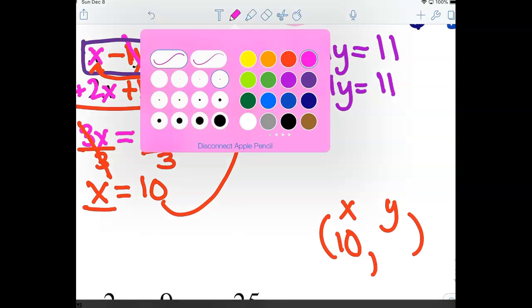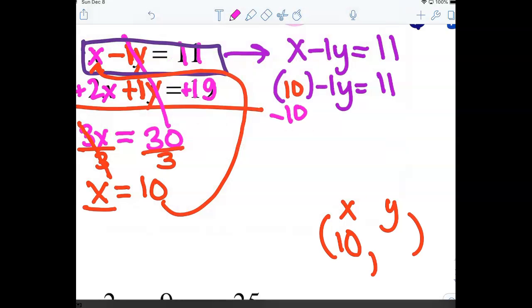So now I need to cancel the 10 and move it to the other side. Cancelo la 10 y mueve a la otro lado. When I do that, I bring down the negative 1y and I get 1. I want to cancel the 10 before I cancel that 1y because the 10 is farther away from the y, so it's easier to move.